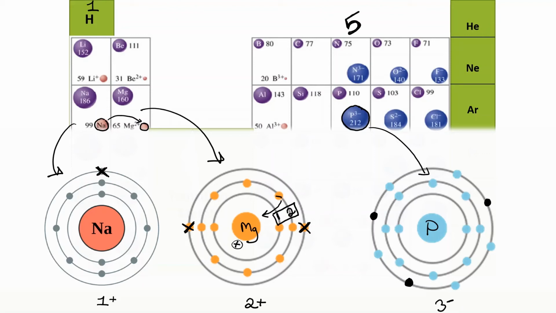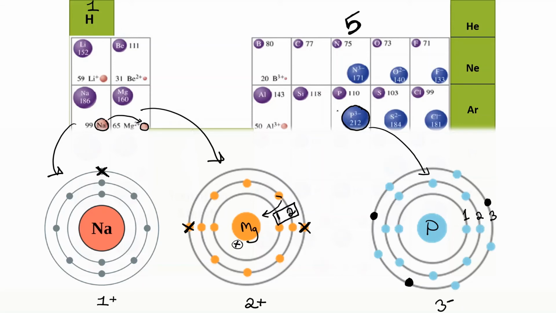But how many energy levels does this phosphorus ion have? It has 1, 2, 3. How many does magnesium have? When magnesium became an ion, it lost an energy level, so it only has 2, where phosphorus has 3.